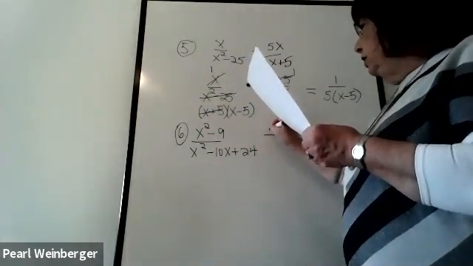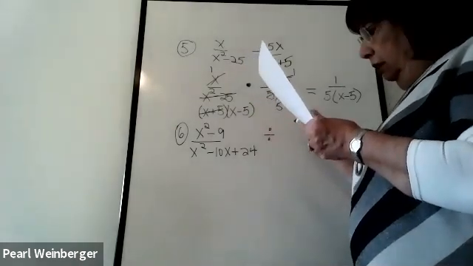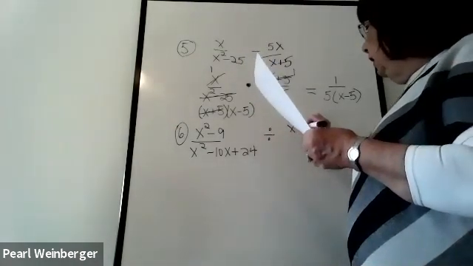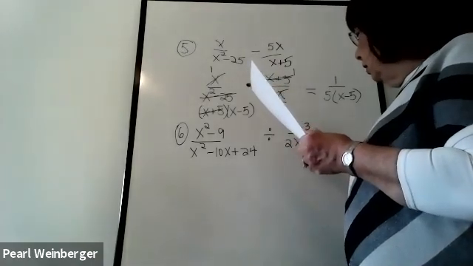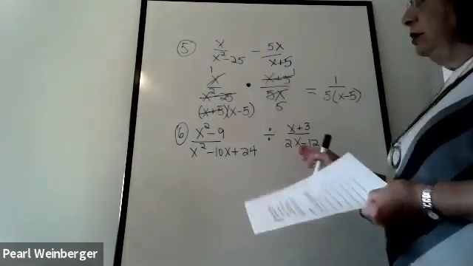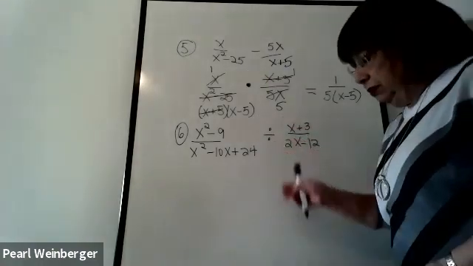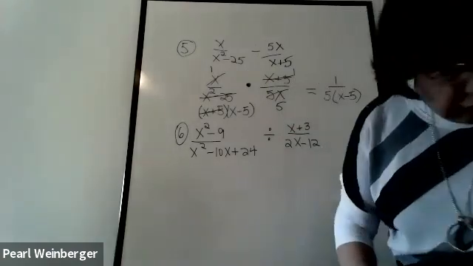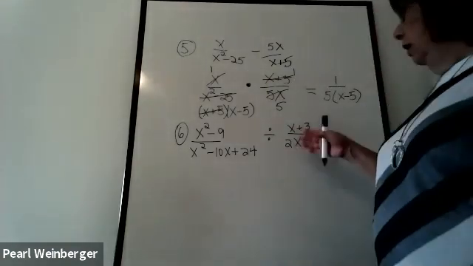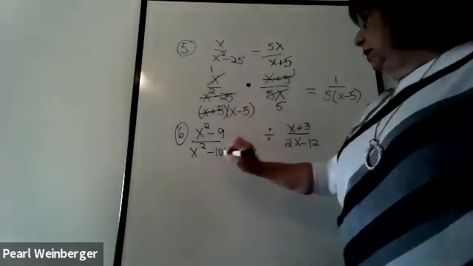Again, it's a division, divided by x plus 3 over 2x minus 12. And just as we did before, the first thing we're going to do, since this is a division problem, is take the reciprocal of the divisor.